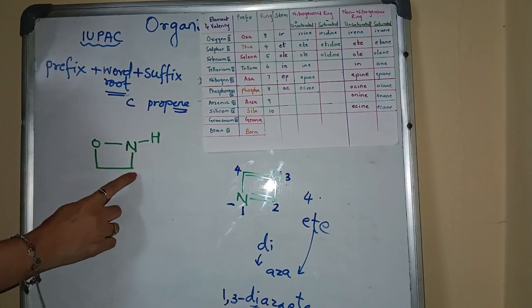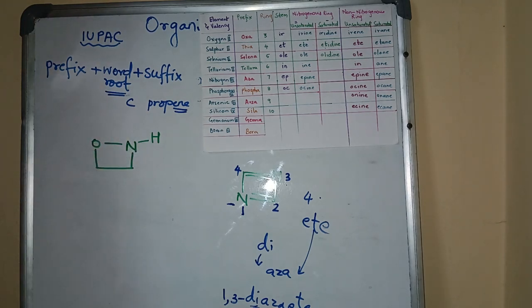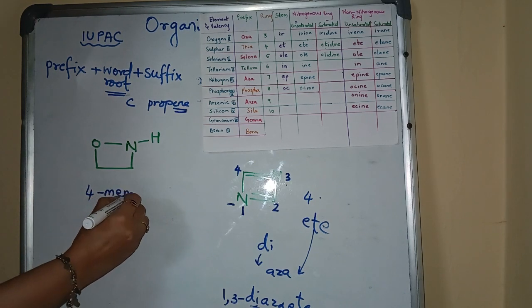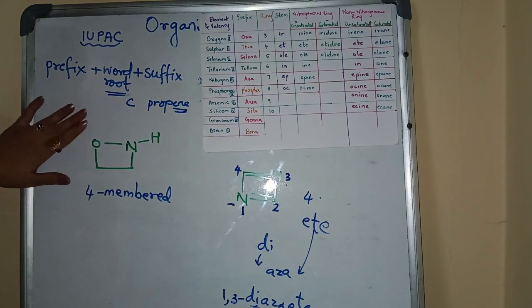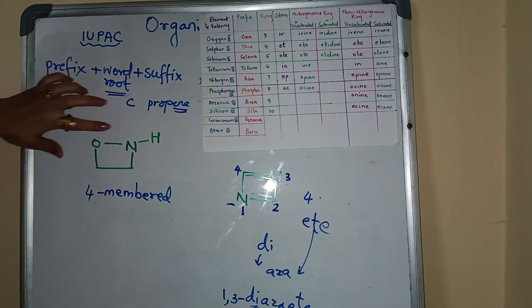1, 2, 3 and 4. 4 means it is a 4-membered ring. Now next we do numbering. While numbering we have to be very careful because we have 2 different heteroatoms.